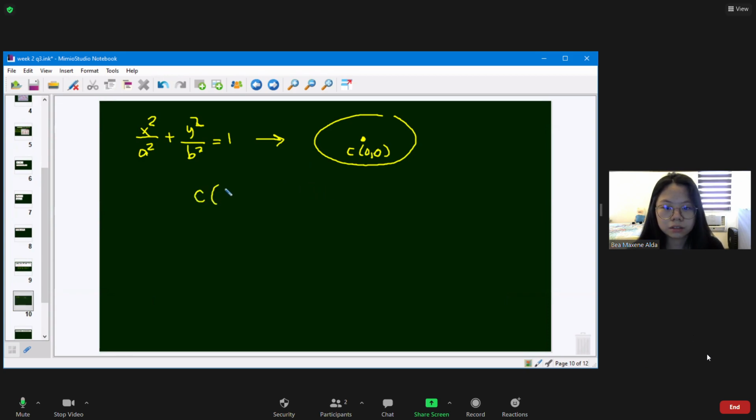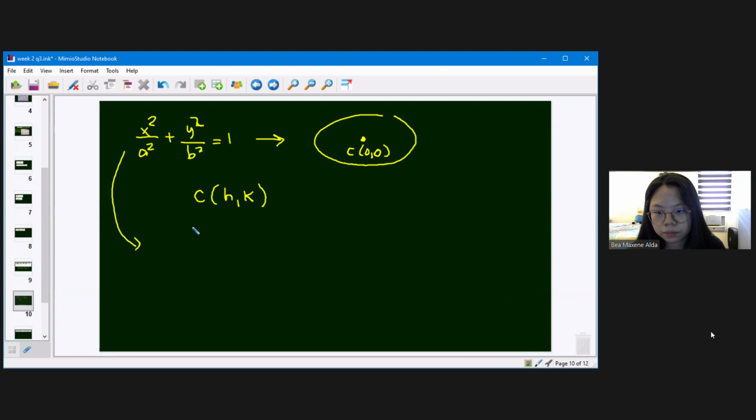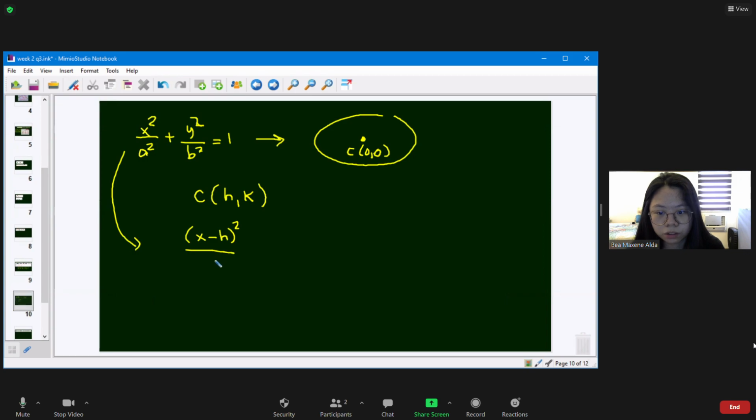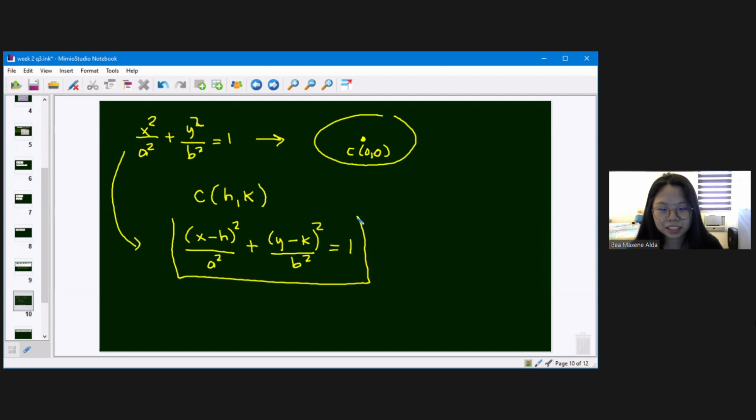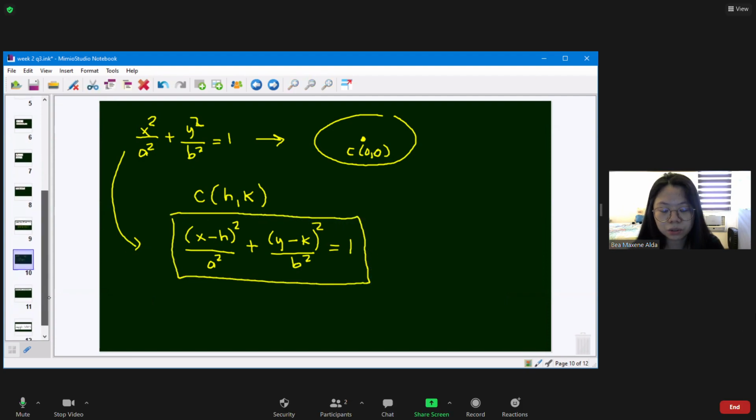Kasi nga, the point can be anywhere. So, our point, let's say that is h, k. That would give us x minus h squared over a squared plus y minus k squared over b squared. Then again, still equal to 1. And there we have it. That's the standard form of the equation of the ellipse.